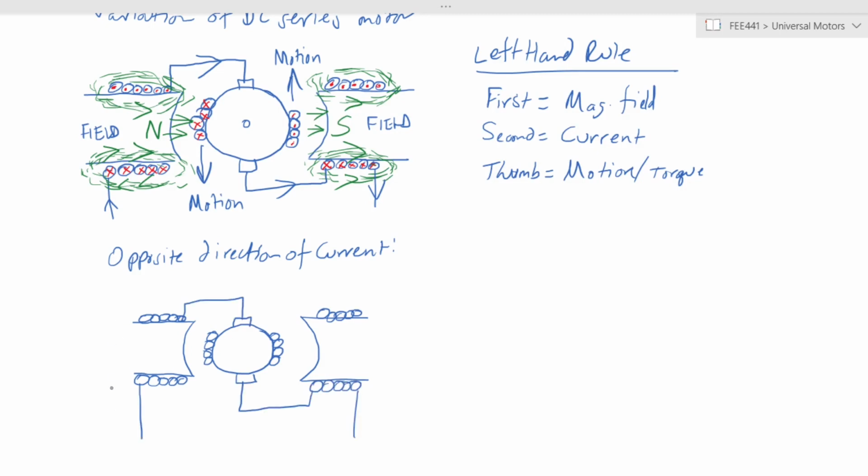So here we have the current flowing in the opposite direction from what we had before. Therefore we have the opposite currents being shown within each of the windings. Where current was flowing into the screen, it flows out, and where it was flowing out, it flows in.